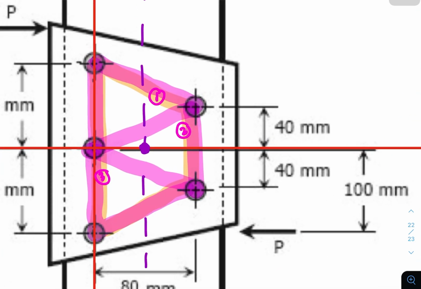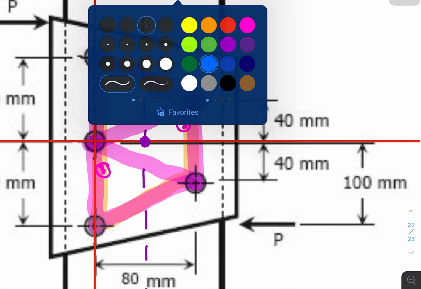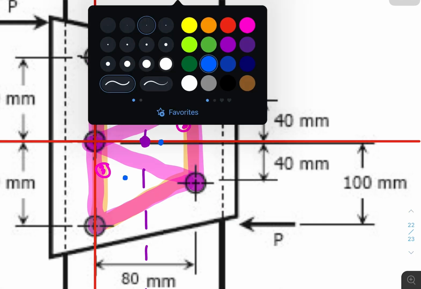So right now, I need to indicate here the centroids of these triangles. I can simply assume that these are the centroids of our triangles.